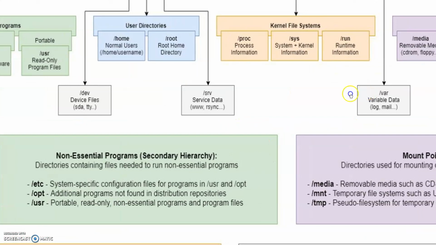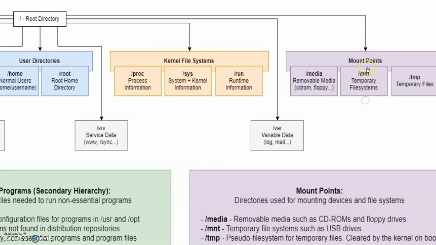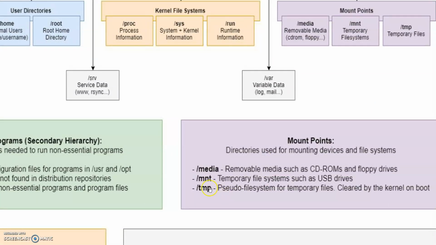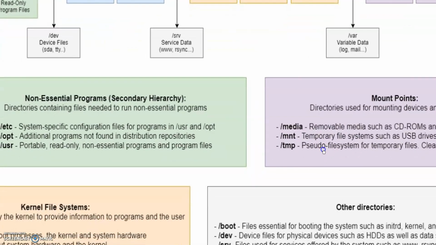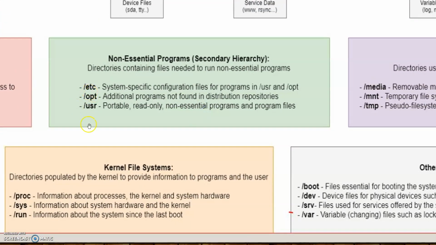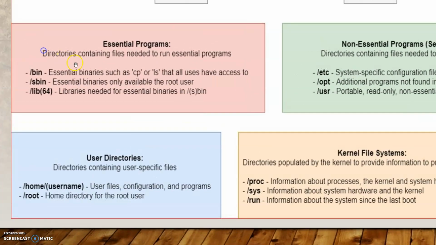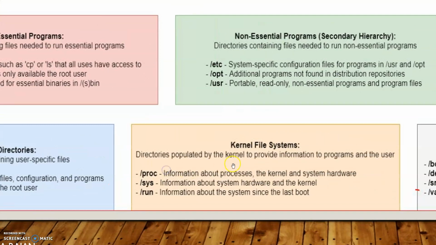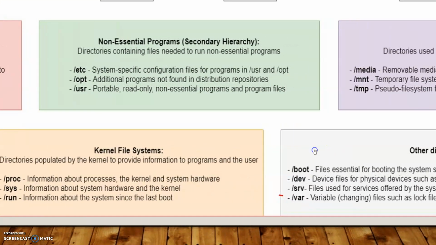And this is for the mount points: media, mnt and tmp. Then you have the non-essential etc, opt, usr, and then bin, sbin, lib. So that is how it is. This is a quick description of the file structure.